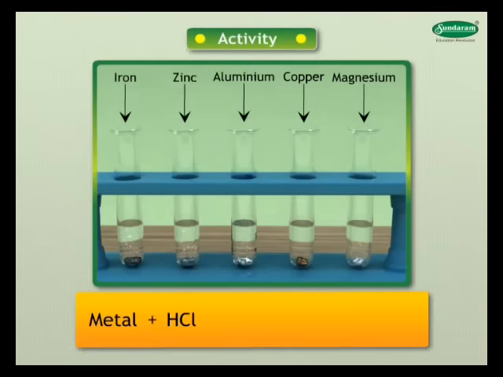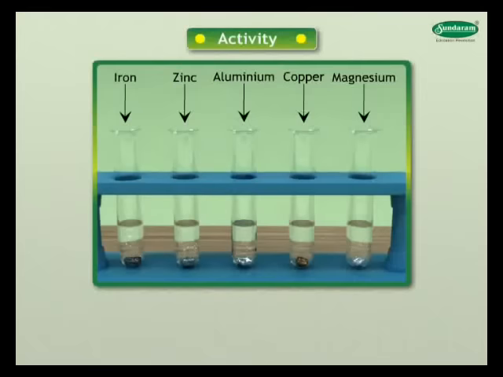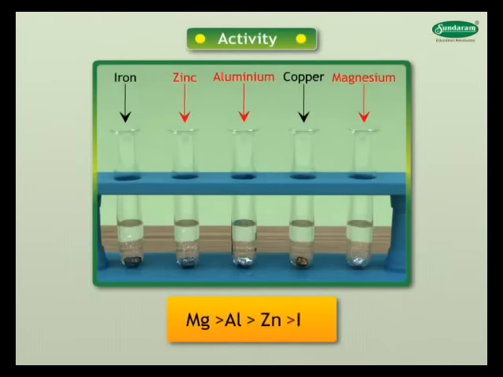Metals react with dilute hydrochloric acid to form metal chloride and hydrogen gas. In the above activity, the rate of formation of bubbles was fastest in case of magnesium. The reactivity decreases in the order: magnesium is more reactive than aluminium, more reactive than zinc, more reactive than iron.